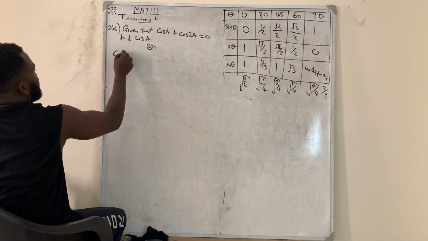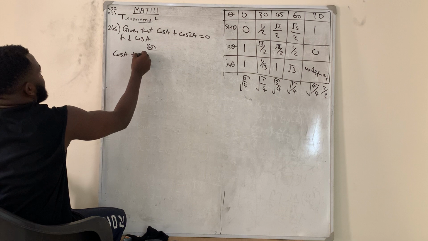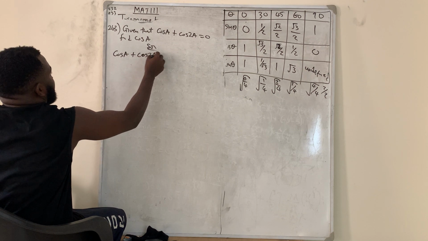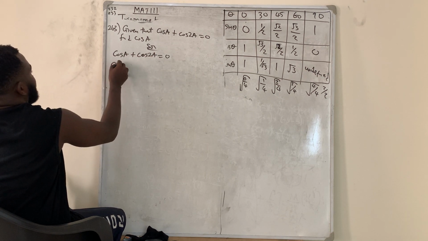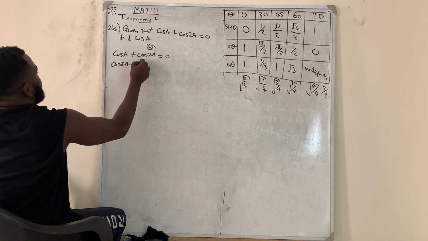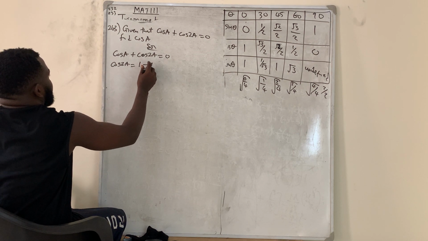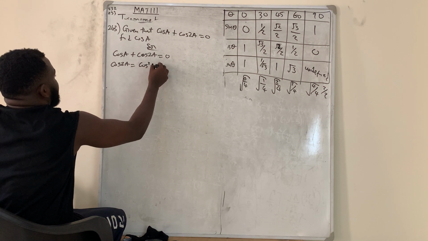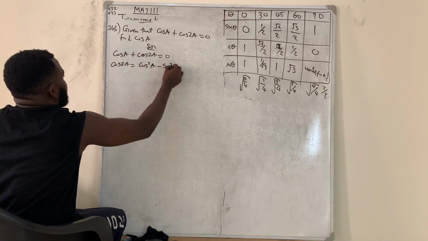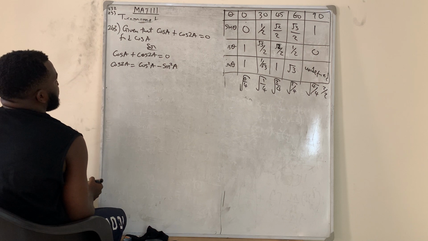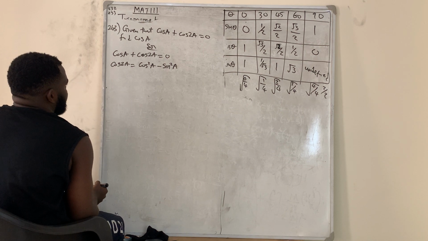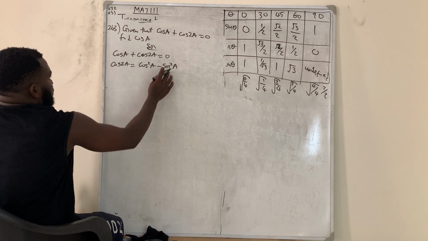Solution. The same method is applied here again. They gave us that cos A plus cos 2A is equal to 0. I told you before that cos 2A is equal to cos squared A minus sine squared A. But I want everybody to be in cos, so convert this one.